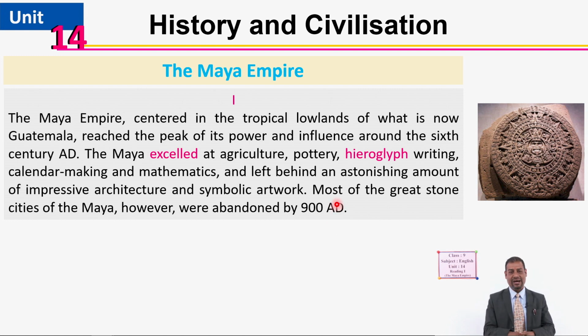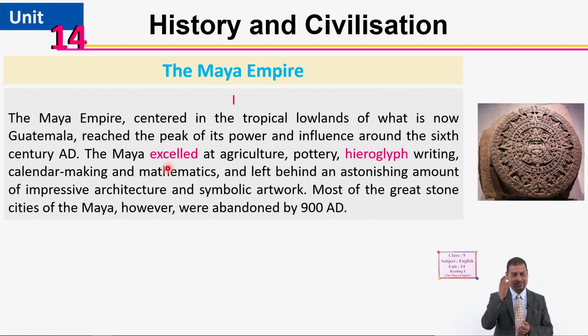Dear students, in this paragraph you need to try to understand by yourselves because it is a reading task, okay? You can see there are two highlighted words. These words might be unfamiliar to you. Can you guess the meaning of the first highlighted word, excelled? What does it mean?